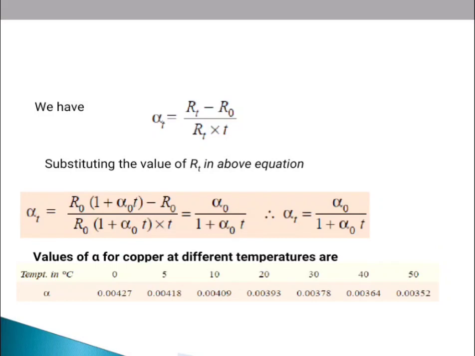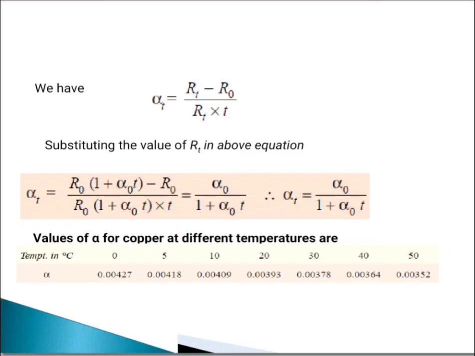For 20 degree Celsius, it is 0.00393. For 30 degree Celsius, it is 0.00378. For 40 degree Celsius, it is 0.00364, and for the last, 50 degree Celsius, it is 0.00352. These are the different temperature coefficients at different temperatures for the copper material.